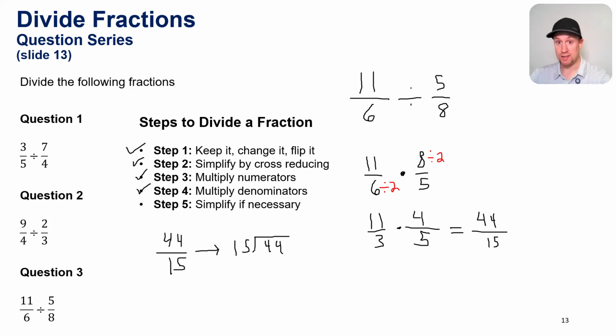So it goes in twice, right? 15 times 2 is 30. 44 minus 30 is 14. 14 becomes the new numerator. And our denominator stays 15 here. So 44 over 15 changes to the mixed fraction 2 and 14/15.